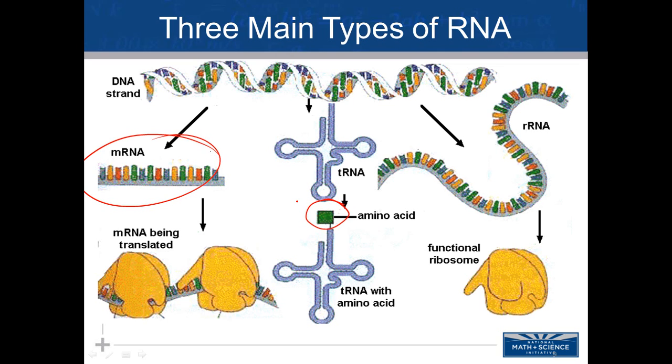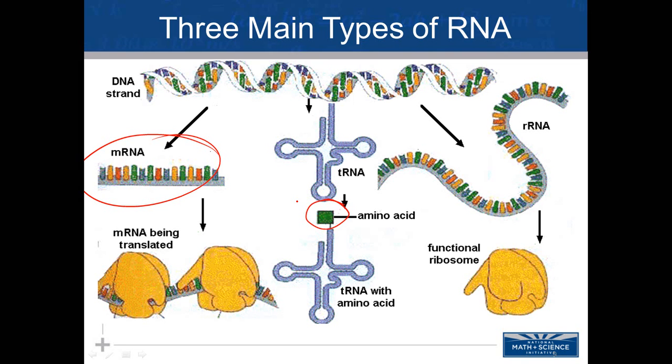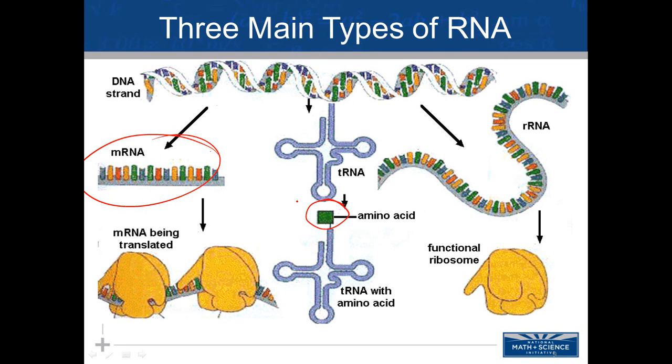And then there's also small signal recognition particle RNA, which is used to help bring a ribosome to the endoplasmic reticulum in making proteins that are going to be exported out of the cell.